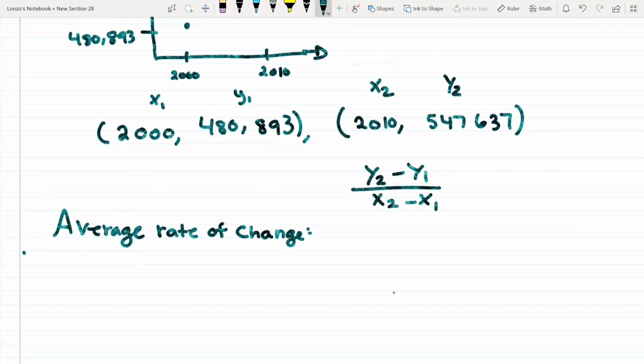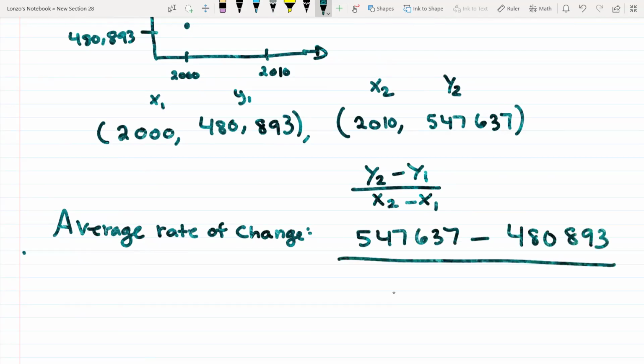It's good to label it so you don't lose track. So y2 is 547,637 minus y1, which is 480,893, all over x2, which is 2010, minus x1, which is 2000.